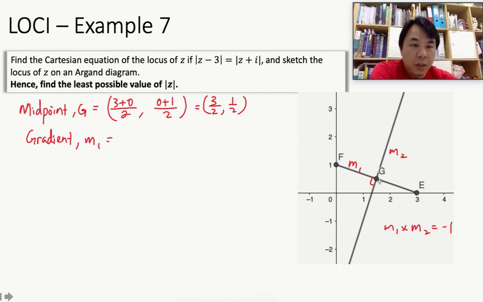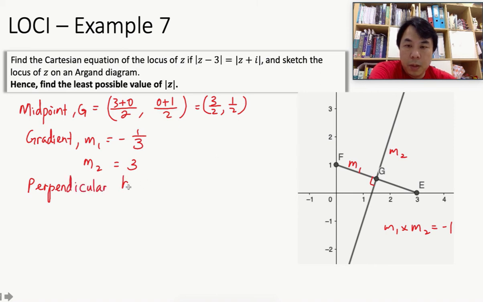It's a negative gradient here, negative 1/3, right? We don't really need to use any fancy formula here. And then therefore, I can conclude that the gradient M2, which is perpendicular to line EF, must be equal to 3 here. And then knowing all this, I can find out the perpendicular bisector.